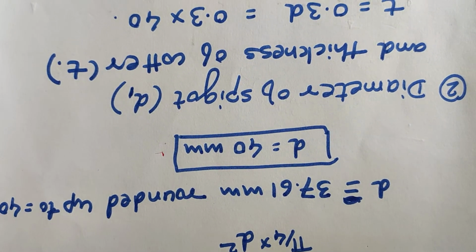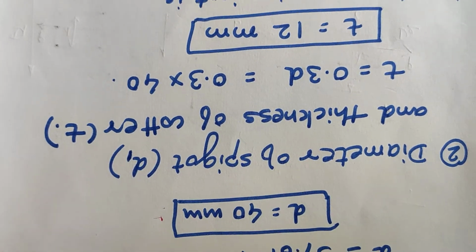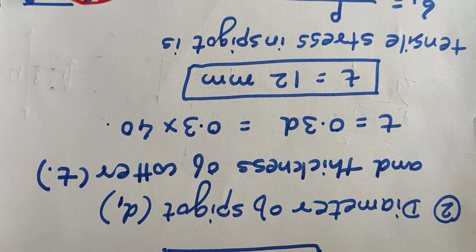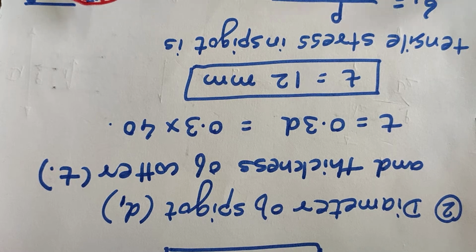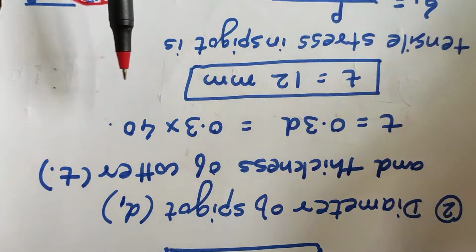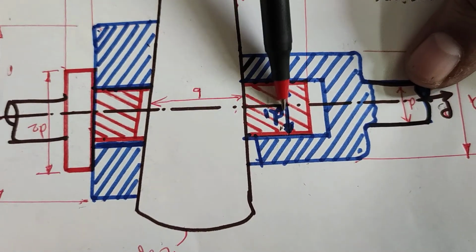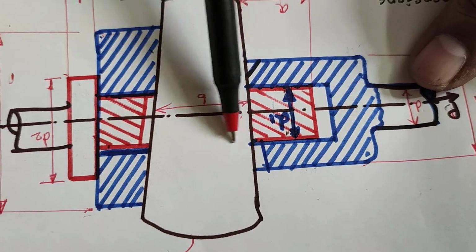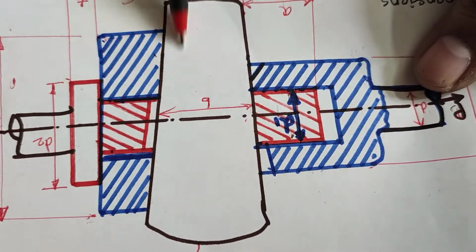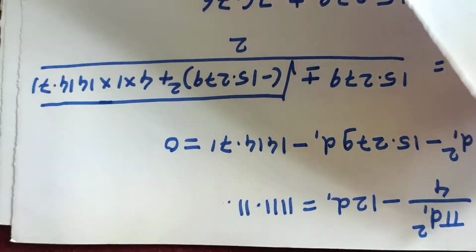The next dimension is the diameter of the spigot, that is small d1. So diameter of the spigot, small d1, that is inner diameter. See, if you see this diameter of the spigot, small d1, here it is having the slot for this quarter pin. Okay.